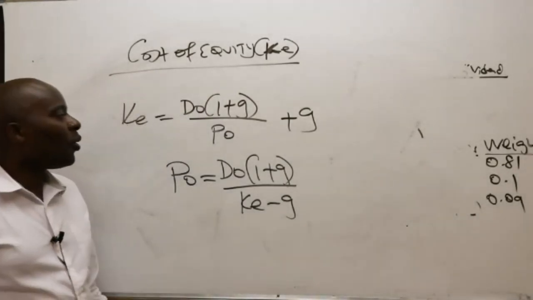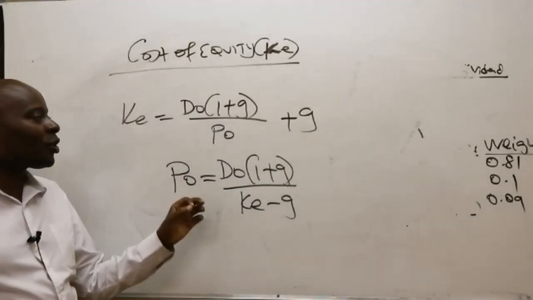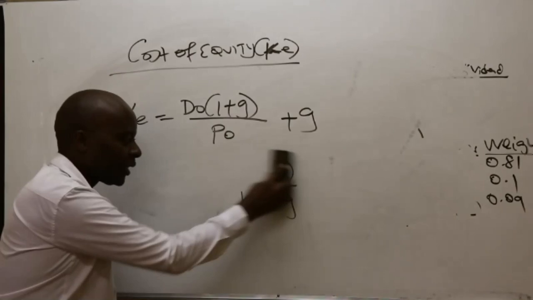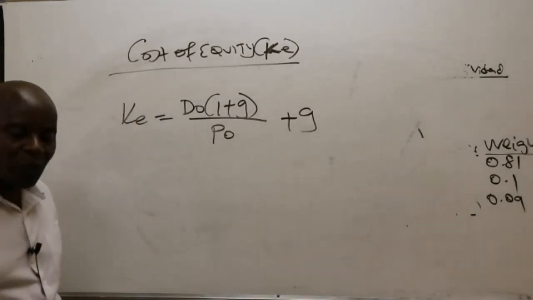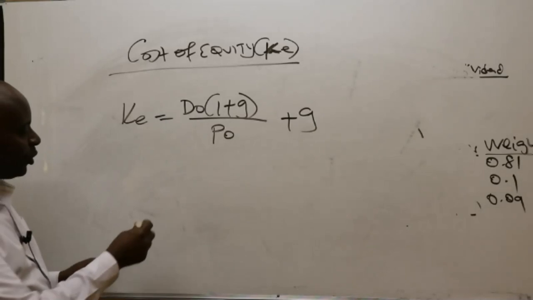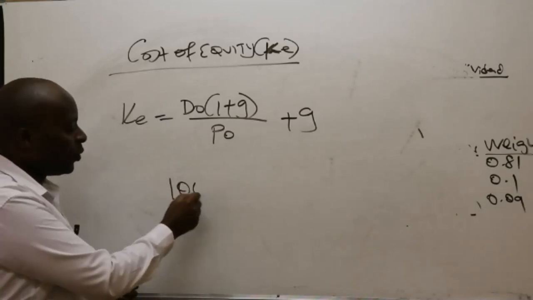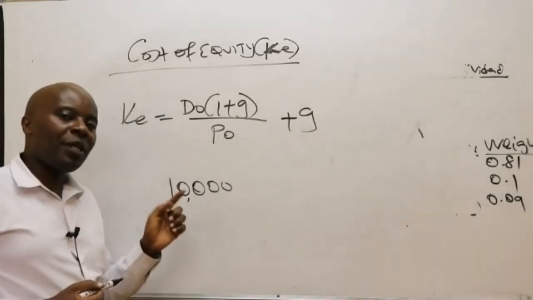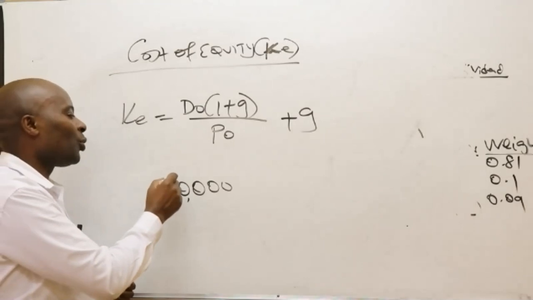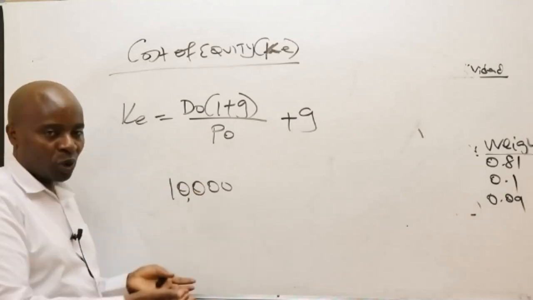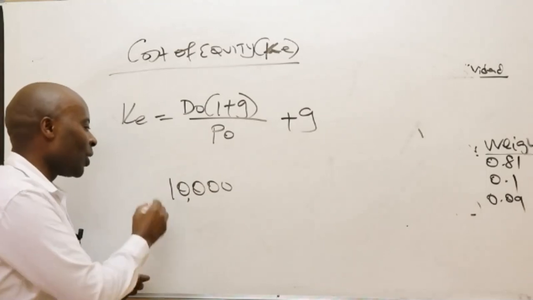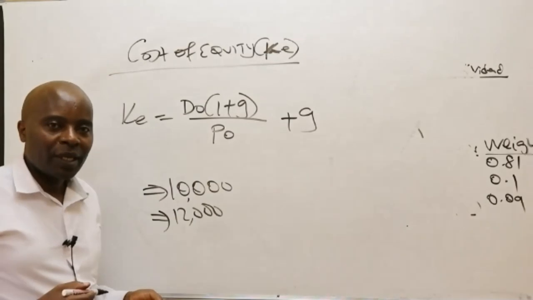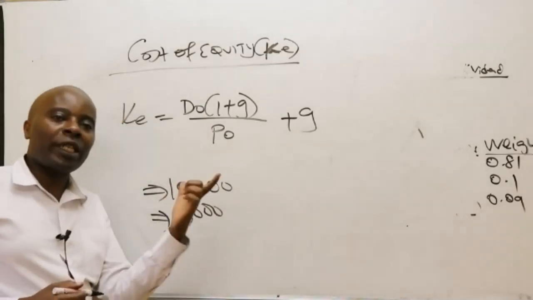Now, you are supposed to know that for purposes of getting the cost of equity or any other security, if you happen to know the returns, for example, if today you come to me and tell me, Mwalimu Aura, I want 10,000 shillings, and when I return this money I want to return it with 2,000 on top, so I would give you 12,000 shillings, then what will be the cost of the capital that I gave you?